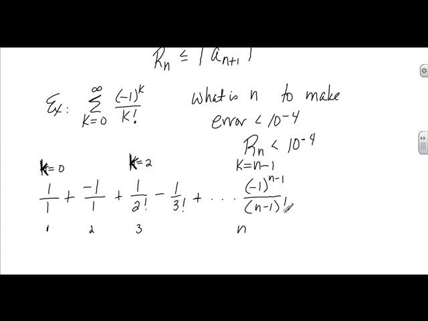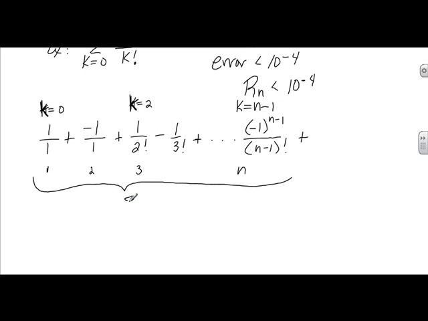So those terms make up the sum S sub n, the nth partial sum. So the next term is going to be a sub n plus 1. And that's where we're going to have k is equal to n. So we'll have negative 1 to the n power over n factorial.